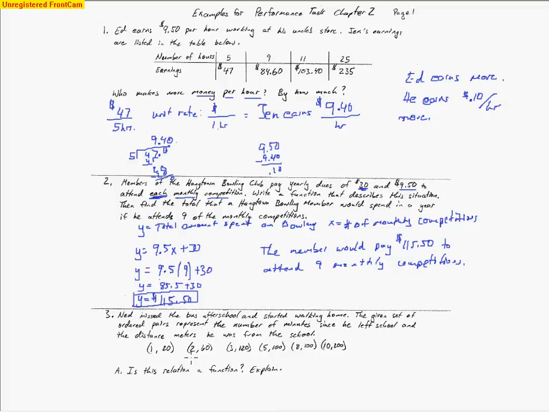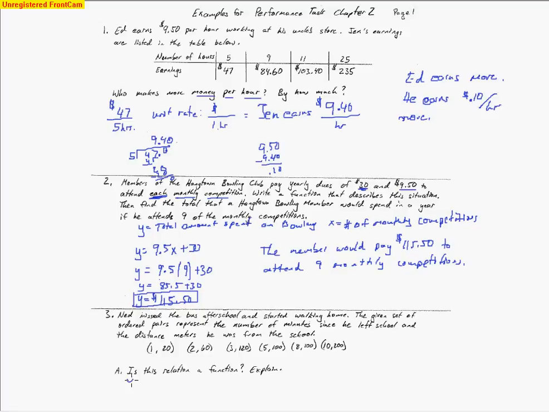When we're looking at functions, we're looking to see if the input values have two outputs. You see here, after 1 minute of walking, he's 20 meters from school. After 2 minutes, he's 60 meters from school. 3, 120, 5, 100, 8, 100, and 10, 200.